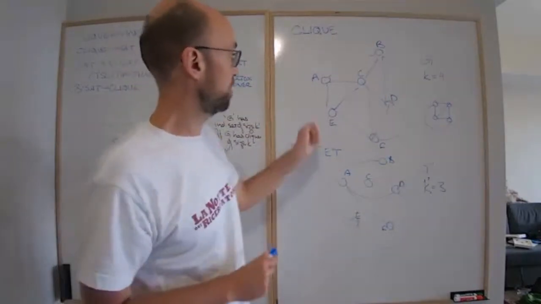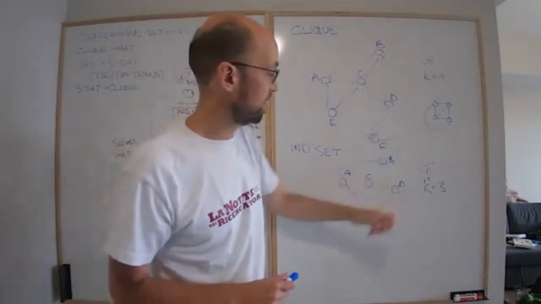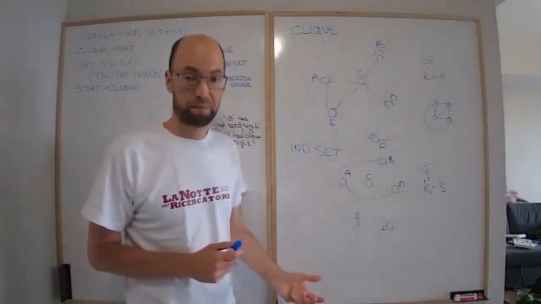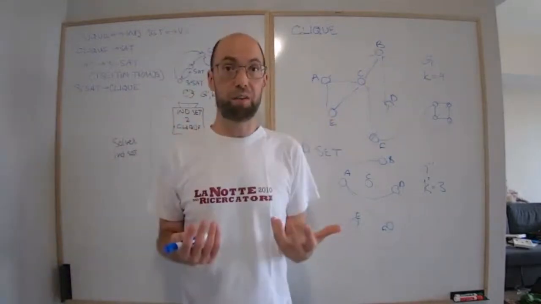A is not connected to D in G, so A is connected to D in G prime. Okay, so this is called taking the complement graph.